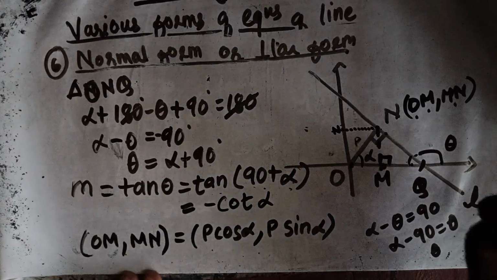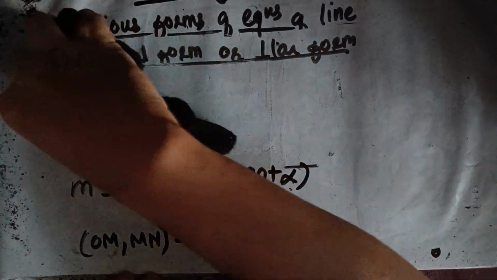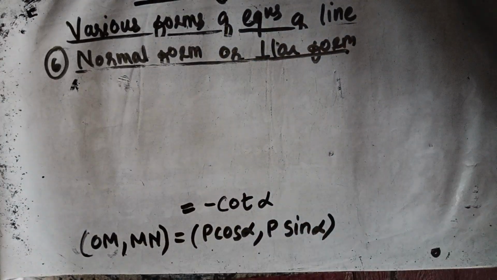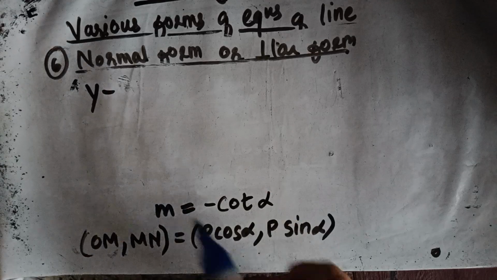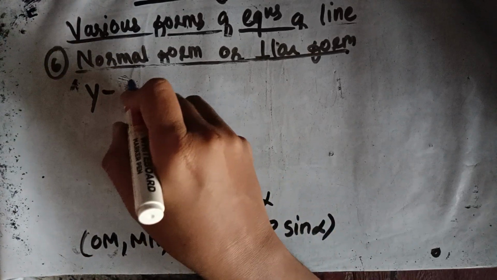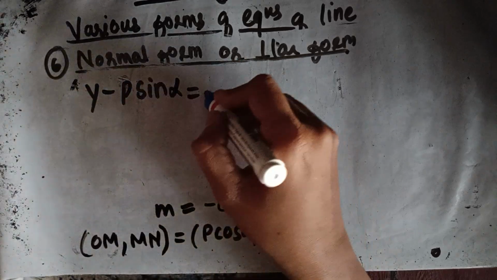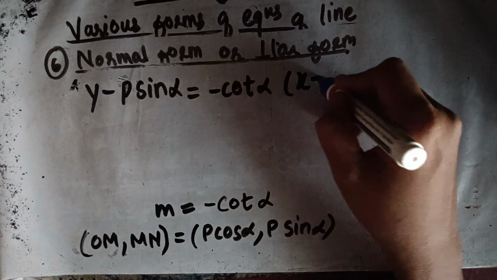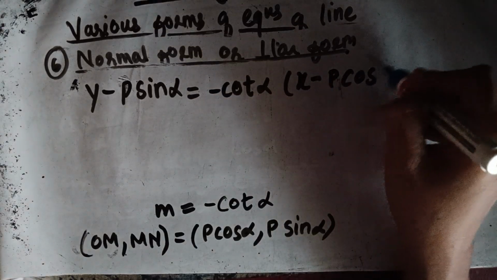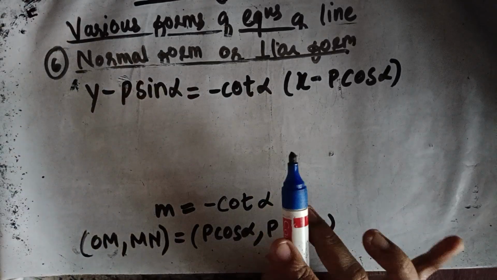Okay. So let's write the slope-point form. y minus y1, where y1 is our p sin alpha, equals the slope times x minus x1, where x1 is p cos alpha. This will give you the normal form.